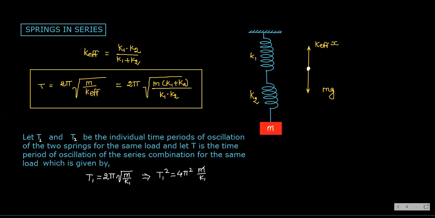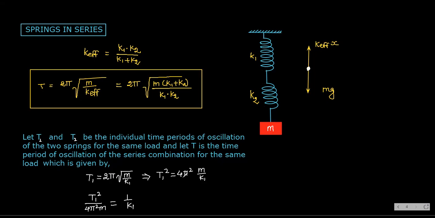So this 4 pi square m I am transferring here, or else just k1 you transfer this side. Or let's keep 1 by k1 only. Okay. So I am transferring this, T1 square divided by 4 pi square m is equal to 1 by k1.